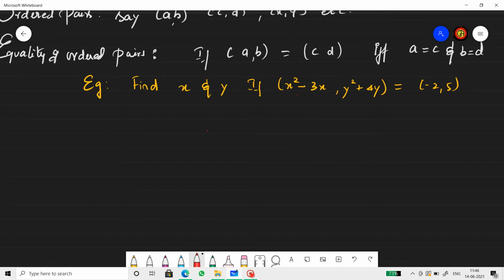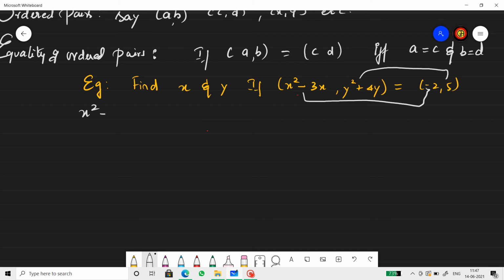So here (x square minus 3x, y square plus 4y) is equal to (minus 2, 5). So that means first element is equal to first element, second element is equal to the second element.